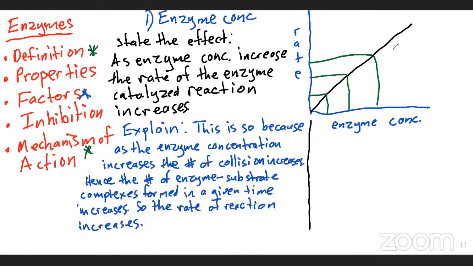Your graph, this will only occur if the number of substrate is high. If you get a graph that's showing enzyme concentration and you see it is tapering off, that means substrate concentration is low, so it is limiting the rate.